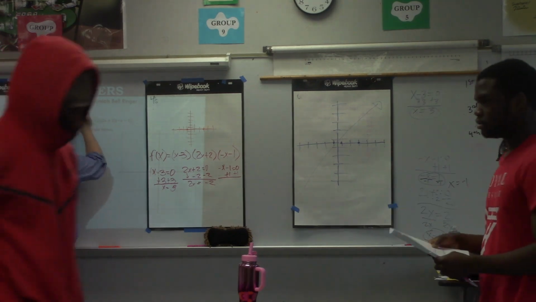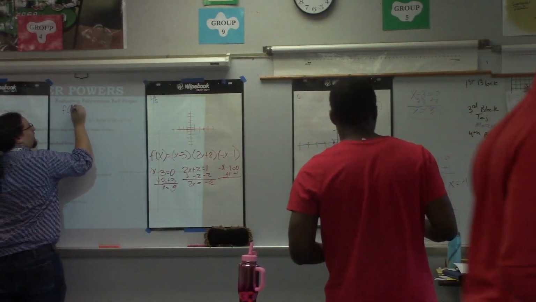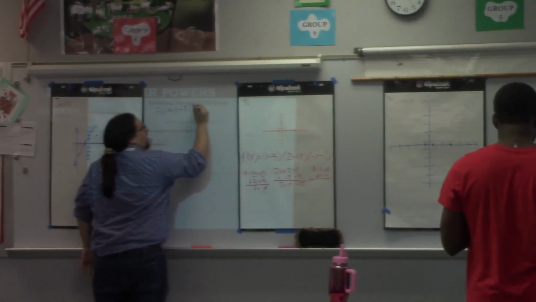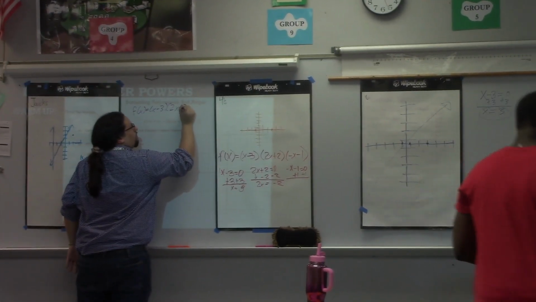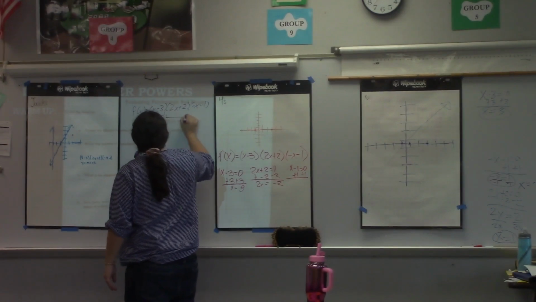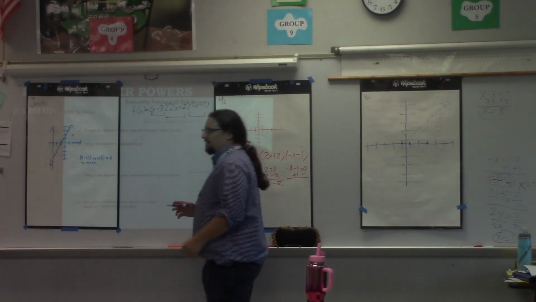So, when I look at this function, what are my linear factors? What do I mean by that? I agree that we're talking about lines here, but what are my lines? Okay, so you're saying this is a line, this is a line, this is a line.